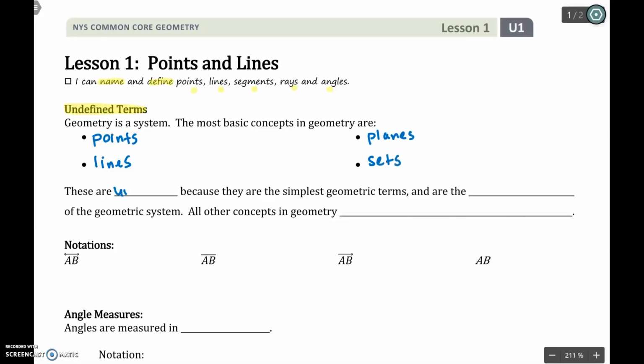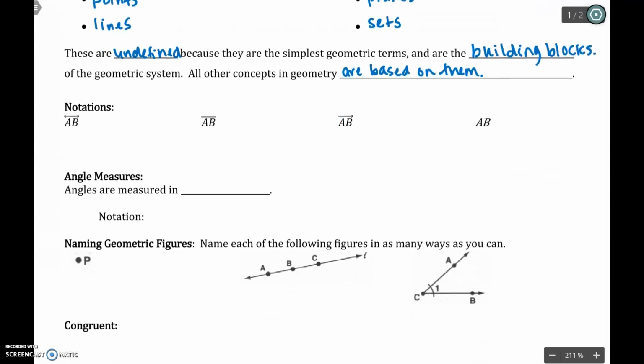And we call these undefined because, as I said, they are the simplest geometric terms and they are the building blocks of everything else that we do in geometry. All other concepts in geometry are based on them. So, next thing we're going to talk about are some notations.